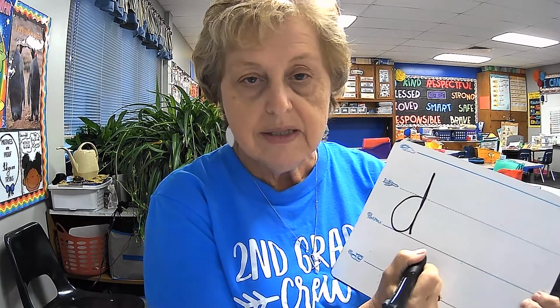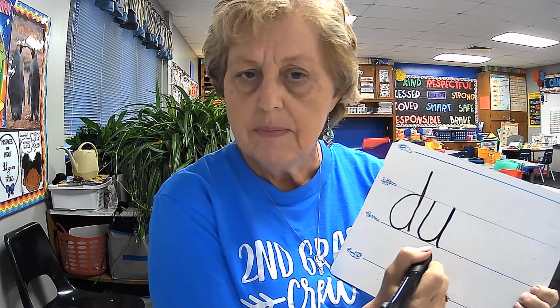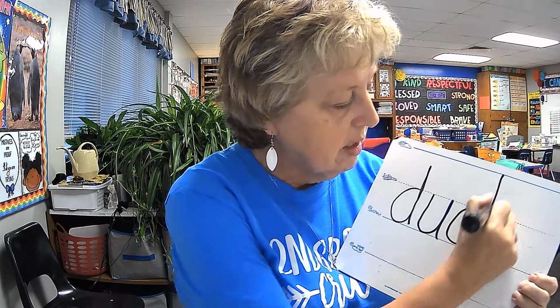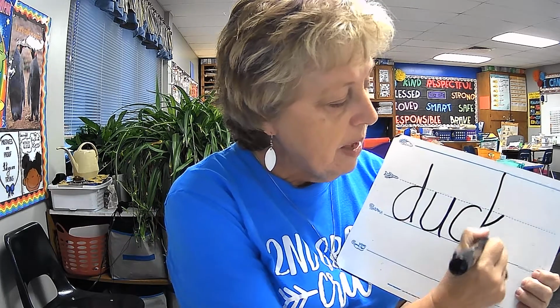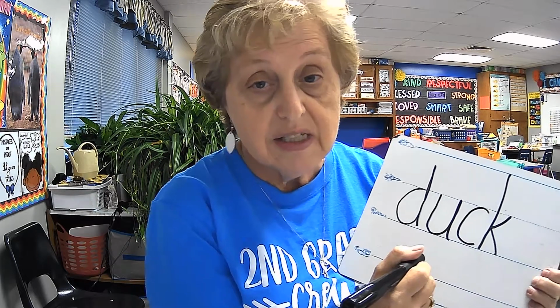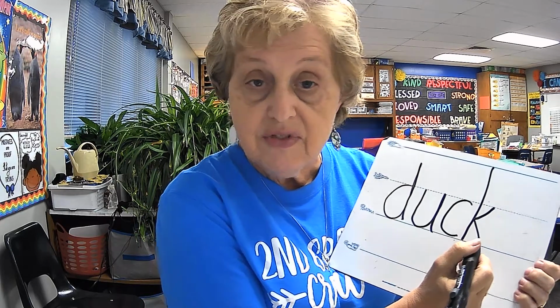What would be next? And it ends with a k sound. That's right, CK. Duck. But Mrs. Holmes said ducks, more than one duck. So we have to add a suffix.